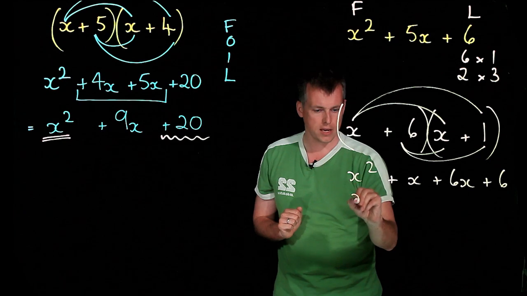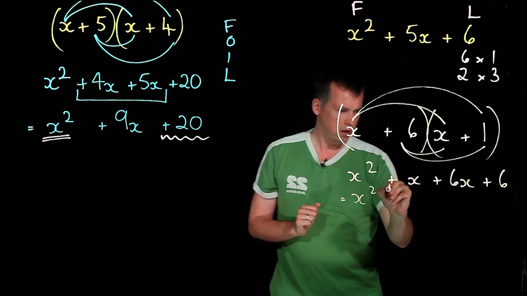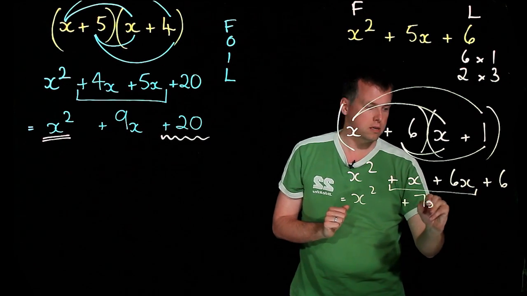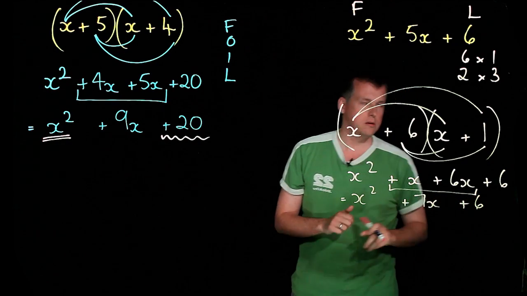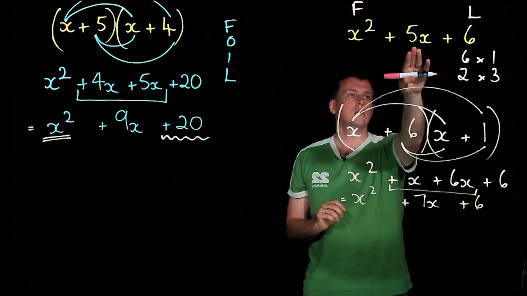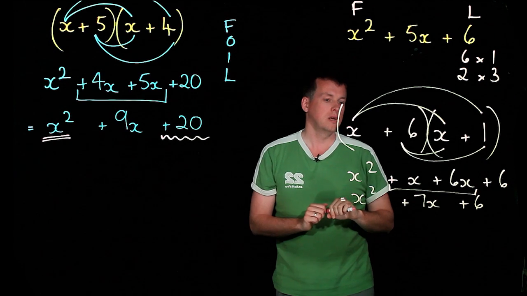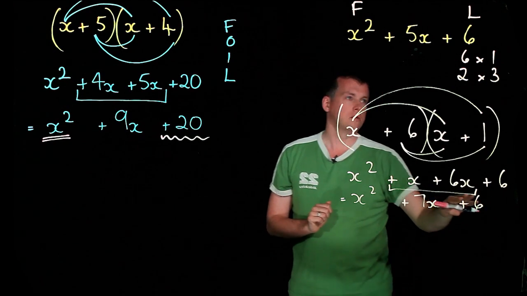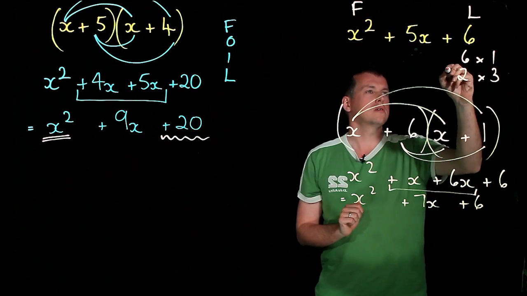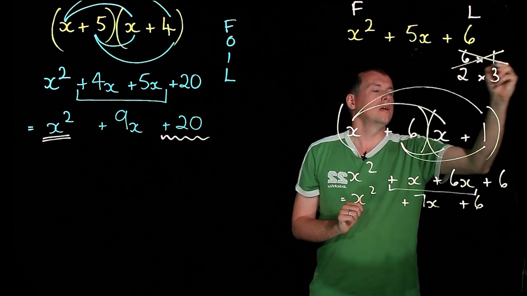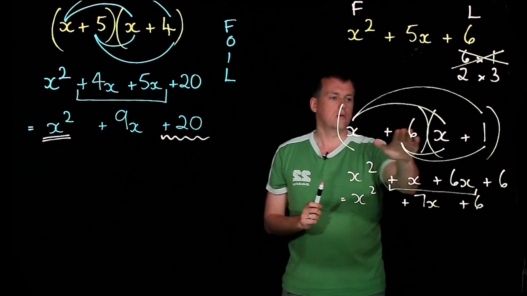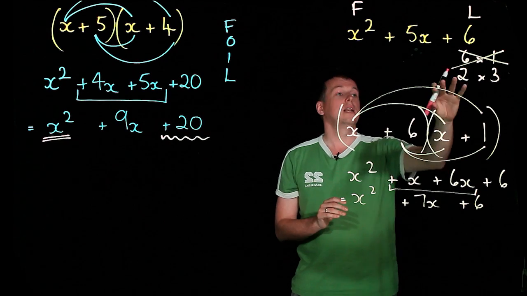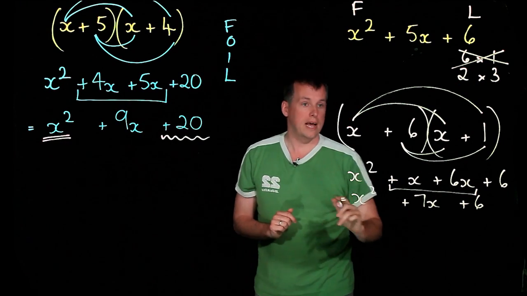I end up with x squared plus 7x plus 6, which isn't the expression that we started with, and therefore that isn't the solution. We can discount 6 and 1 being the pair of numbers that we need to put in the brackets. That only leaves us with 2 and 3.